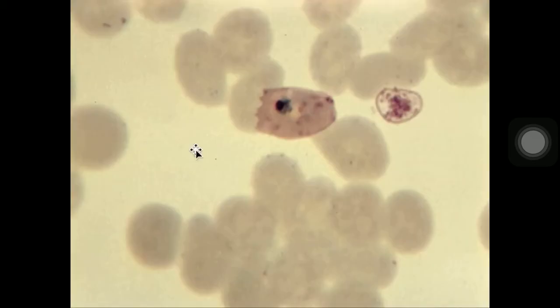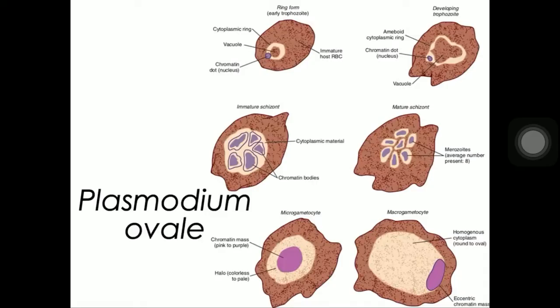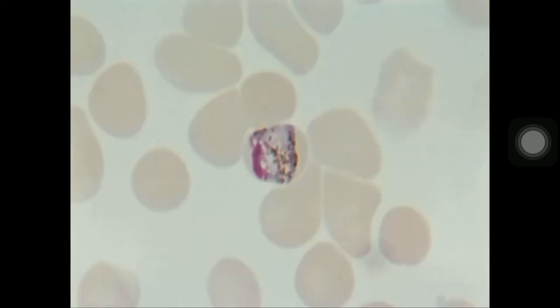As you can see here, it has serrated and fimbriated edges, and the red cell here is more enlarged. So again, that's for your Plasmodium ovale. But of course, prioritize Plasmodium falciparum first, because if this is asked, most likely the answer is Plasmodium falciparum. Next.